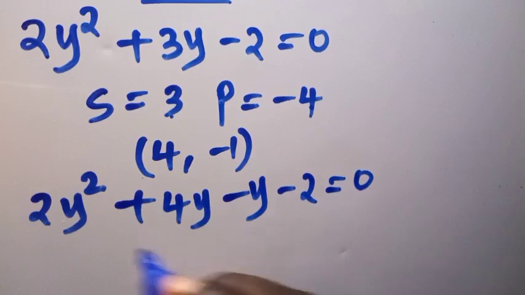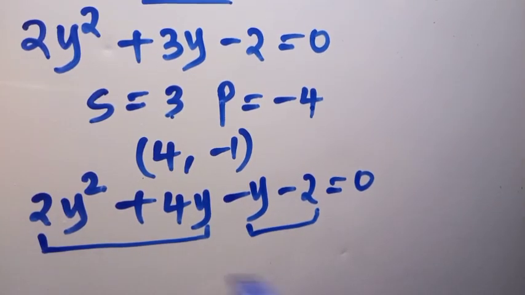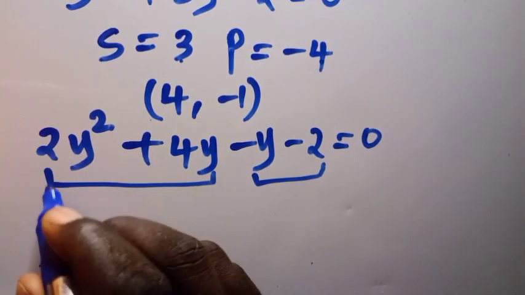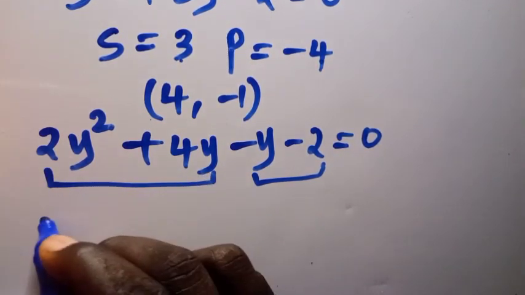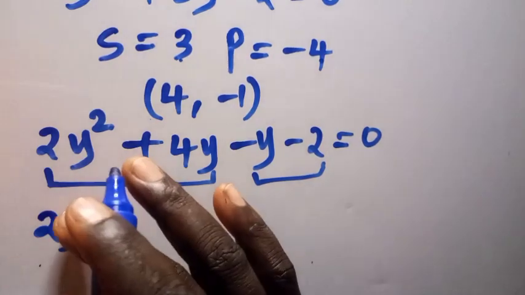Now we group these two and also group these two. The common term in the first group is 2y, giving 2y into y plus 2.